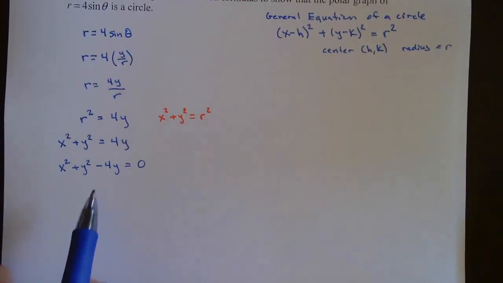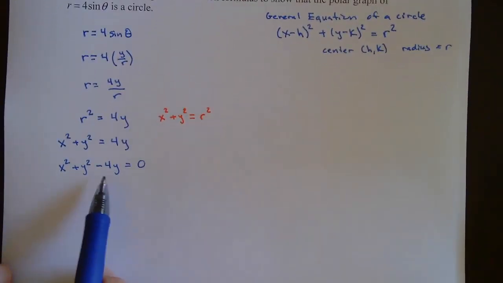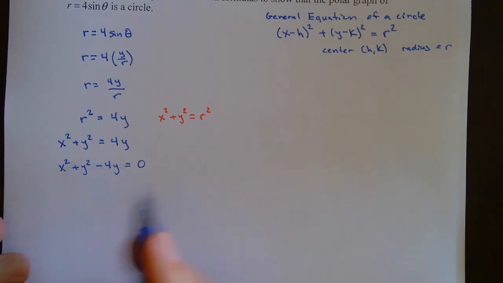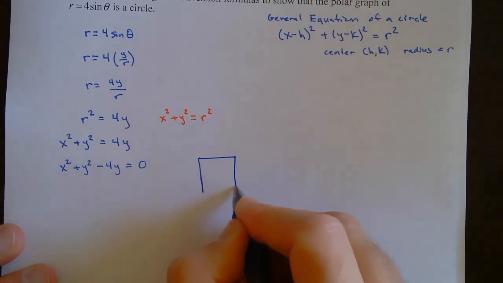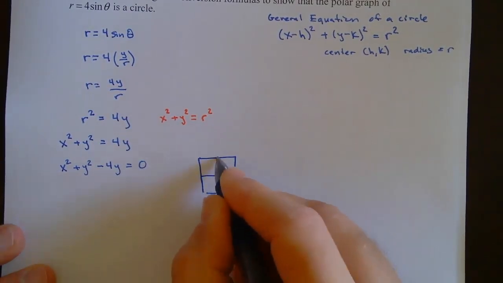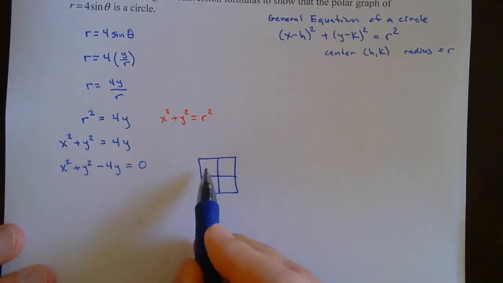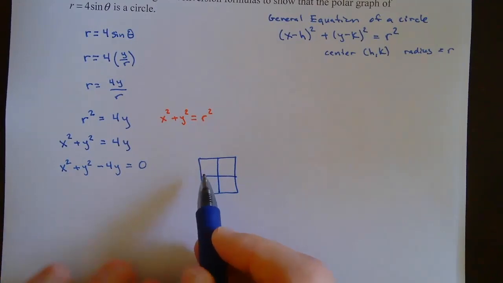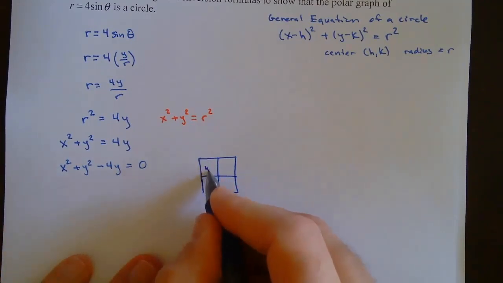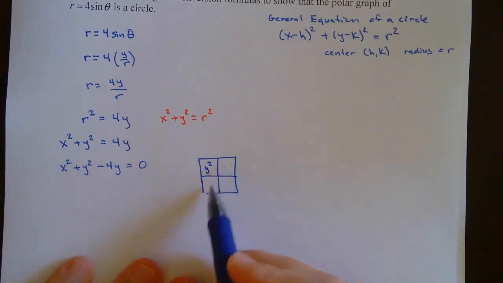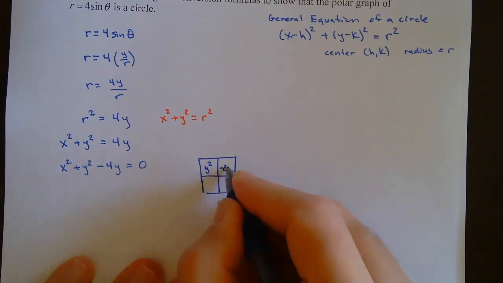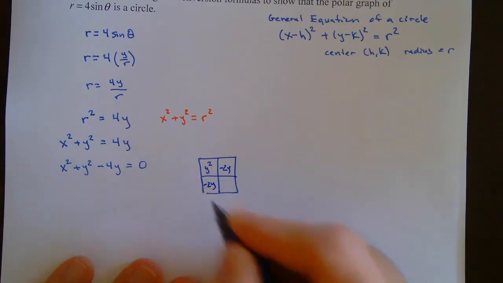Okay, and what we need to do is complete the square. So we need to make a perfect square here, okay? So if we make a perfect square, what we need here is y squared, right? And then we need to split this negative 4y equally into these two pieces, right? So this would be negative 2y and negative 2y, okay?